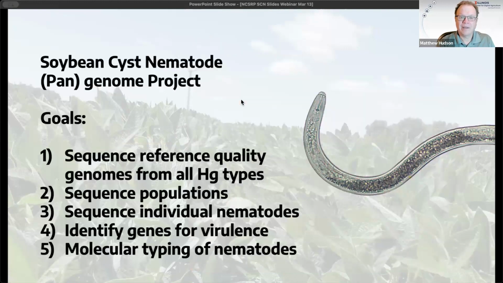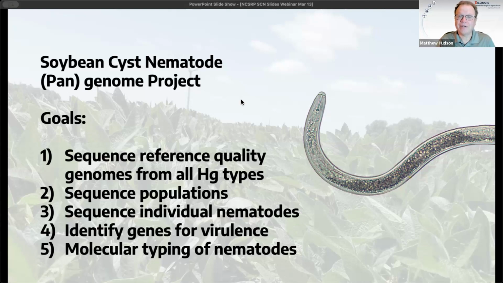So one of the things that I mentioned briefly on the last slide is we talk about doing the human genome. The human genome is not the genome really of anybody. It's sort of a mixture of different people who donated samples to the project. What we're trying to do with soybean cyst nematode is create what we call a pangenome.